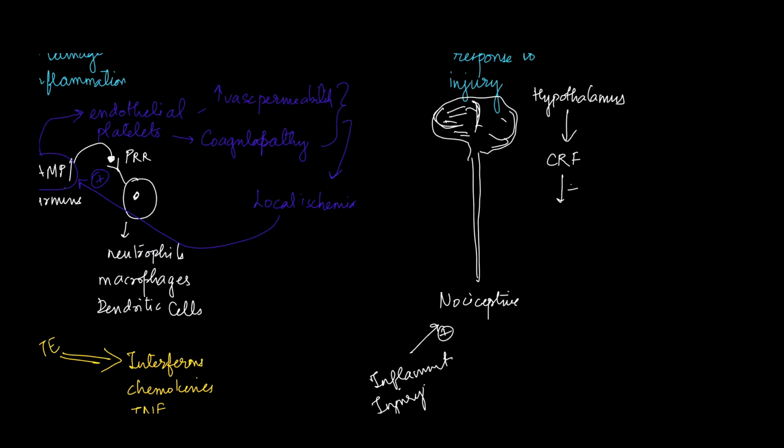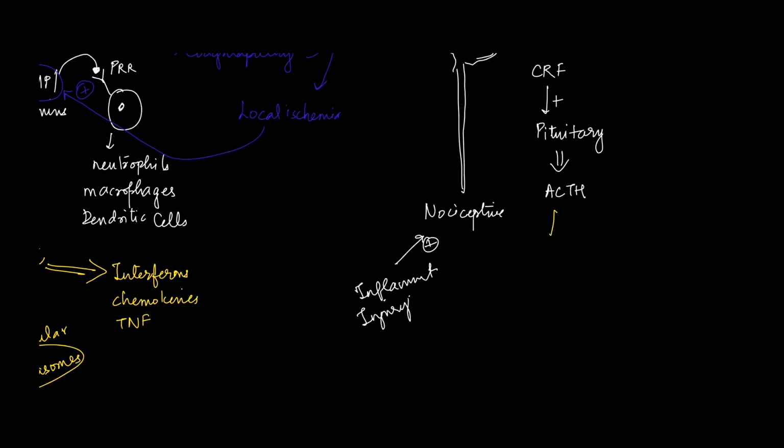Now, this acts on the pituitary gland and ultimately leads to the release of ACTH. Now, the function of the ACTH is that it acts on the adrenal gland and leads to the release of cortisol, ADR, and other hormones such as glucagon.